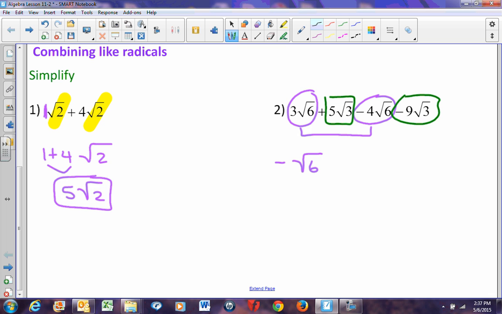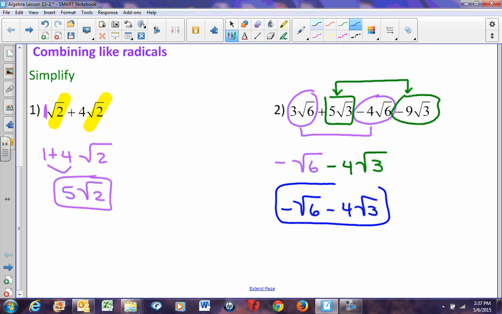It doesn't matter which way you put it. And then we have 5 square roots of 3 and negative 9 square roots of 3, so 5 minus 9 is negative 4 square roots of 3. So when we combine this, it becomes negative square root of 6 minus 4 square roots of 3, and that's my final answer. I can't combine the square root of 6 with 4 square roots of 3 because they're not the same square root.